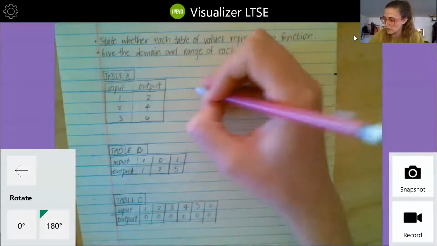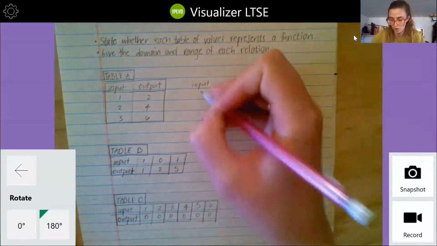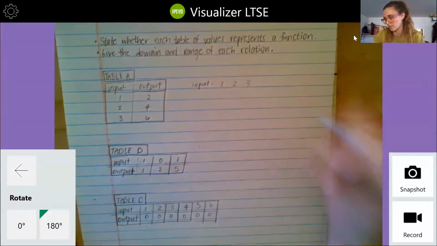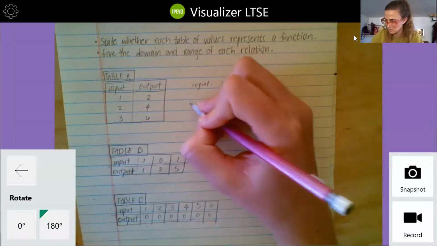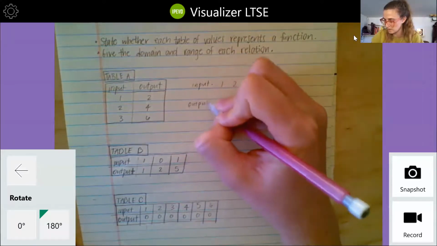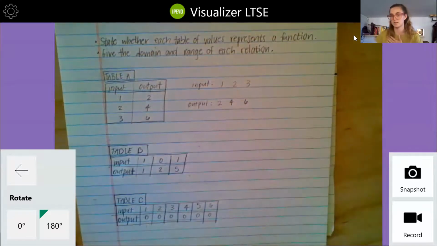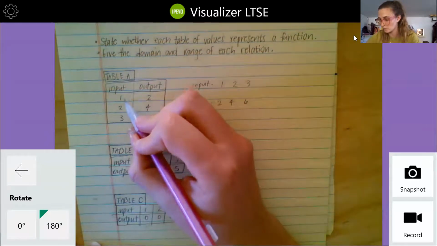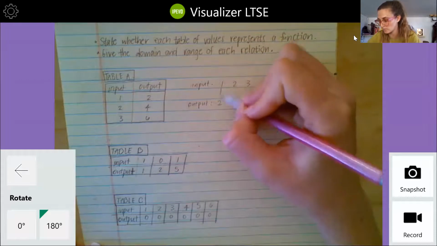So in this first one, my inputs are 1, 2, and 3. And my outputs, let's put them there. Outputs are 2, 4, and 6. So when I input 1, my output is going to be 2.